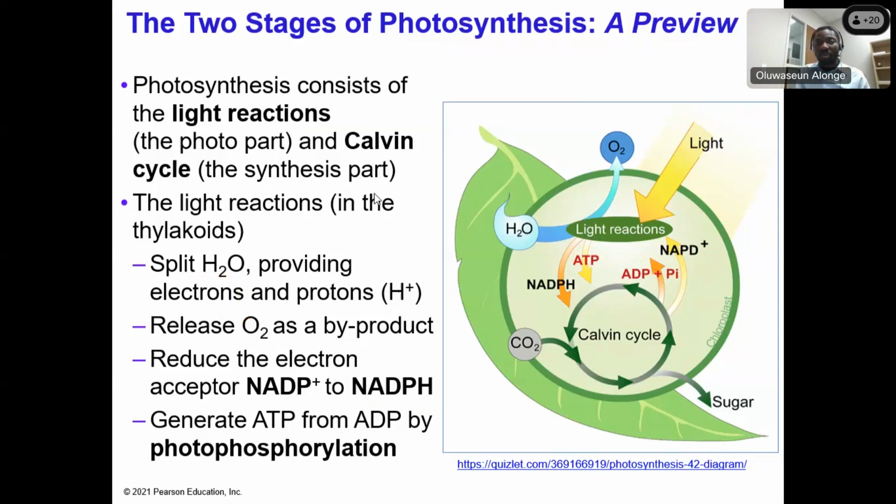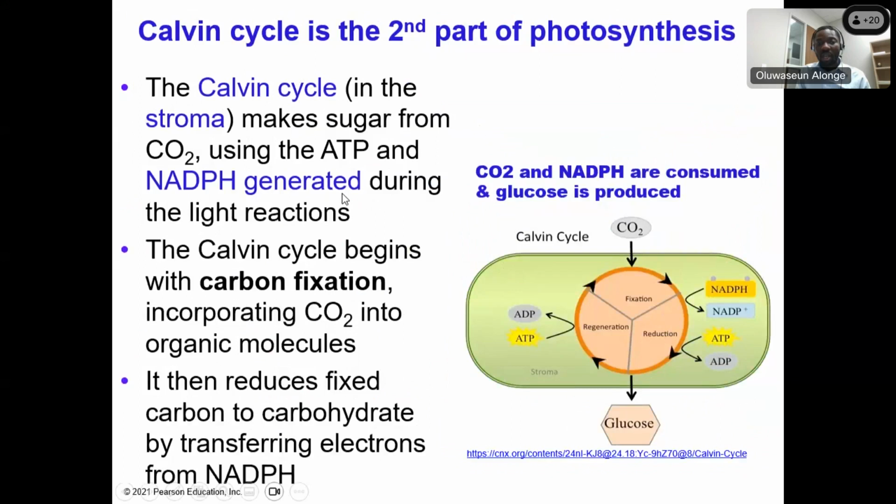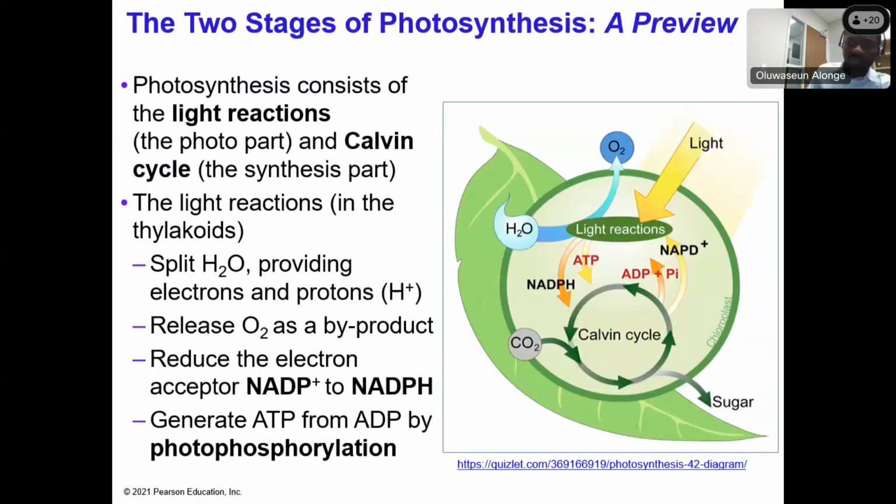So I'm going to stop here today, and in the next video, I'll talk about the process, the steps of the Calvin cycle, and the steps of the light reaction, the light dependent reaction.